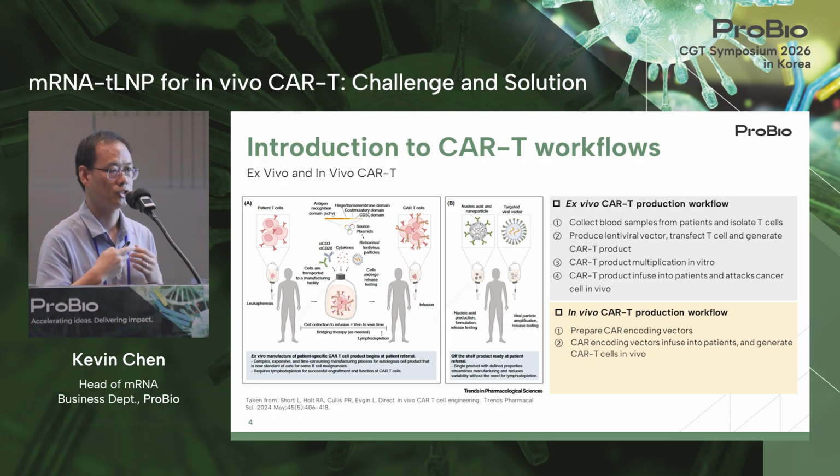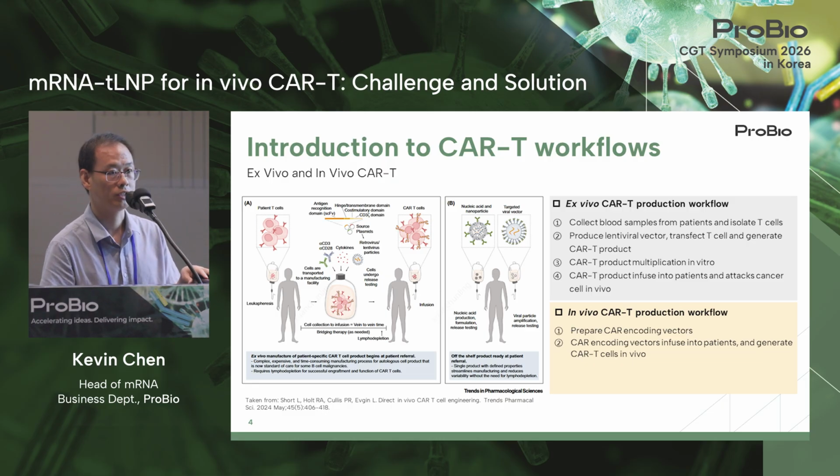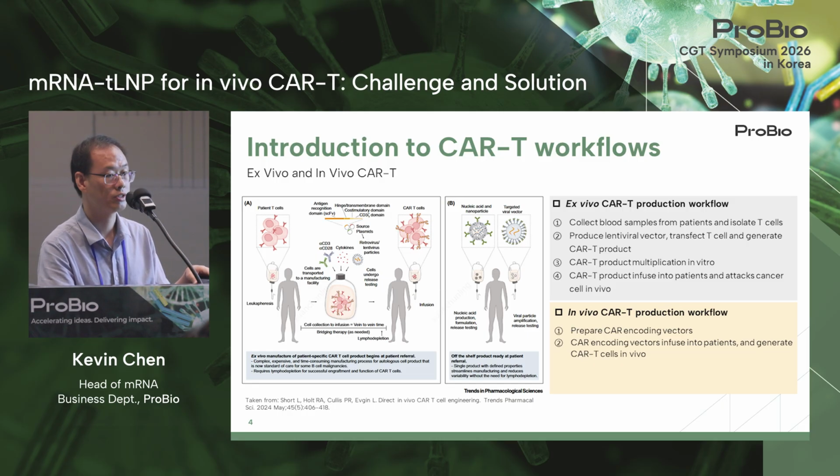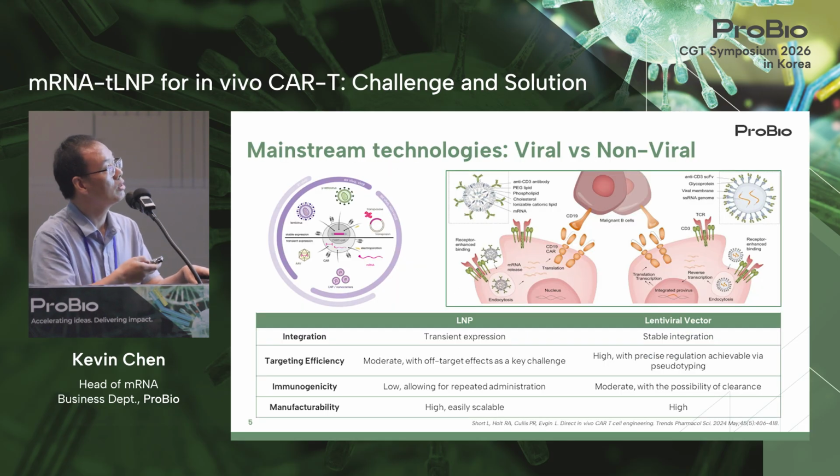Basically, we generate the CAR-T samples either with a non-viral strategy like LNP or a viral strategy like the LVV virus. We can infuse these samples back to the patients and express the CAR gene in the patient's blood.